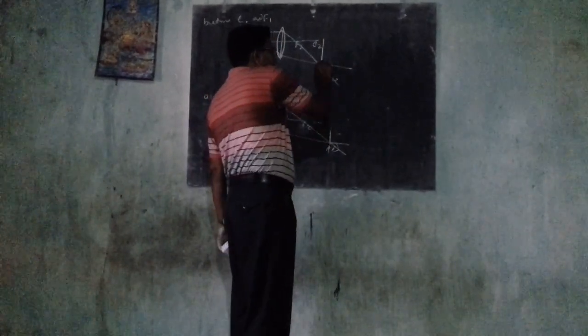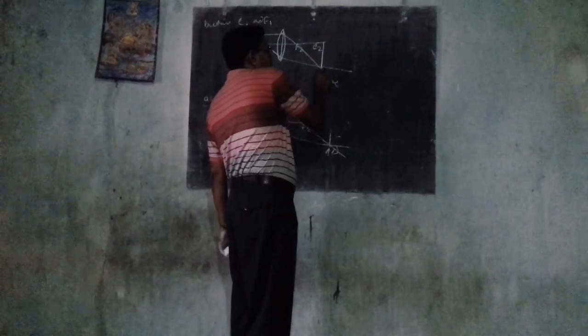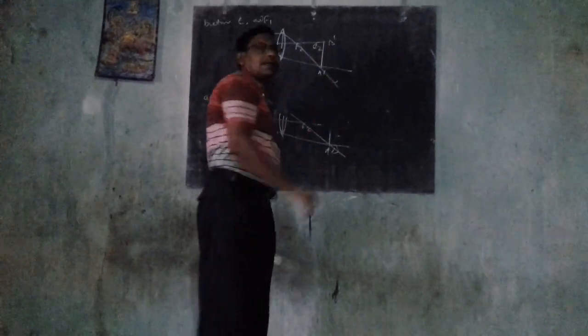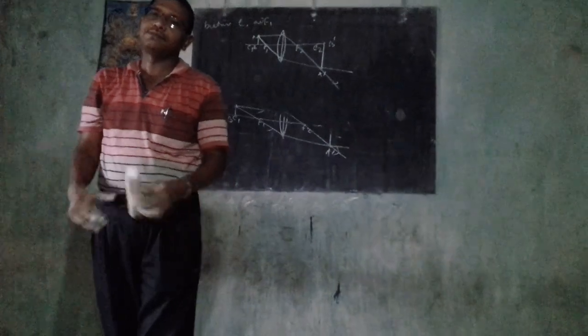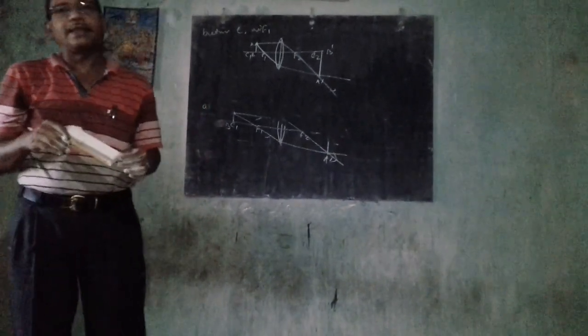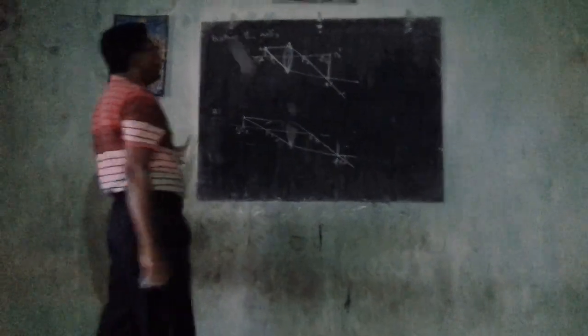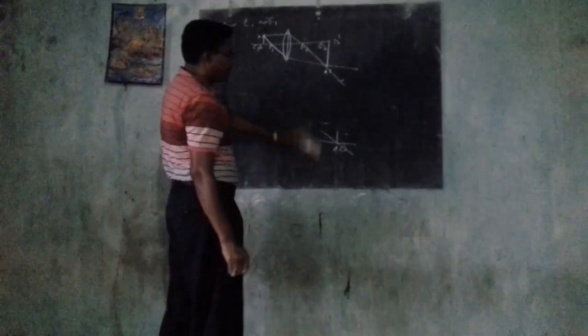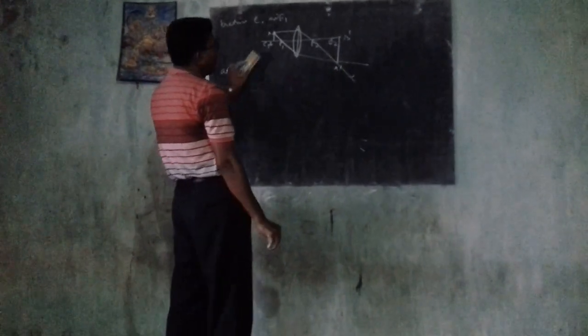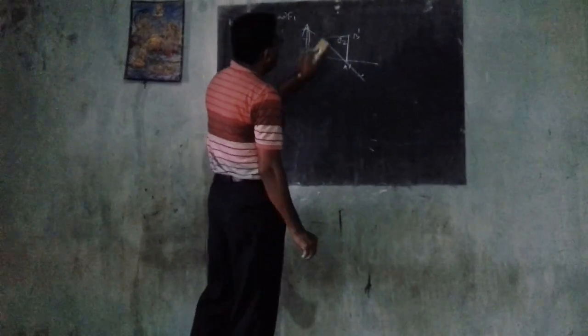After the center of curvature, image A dash B dash is big in size, inverted and real.